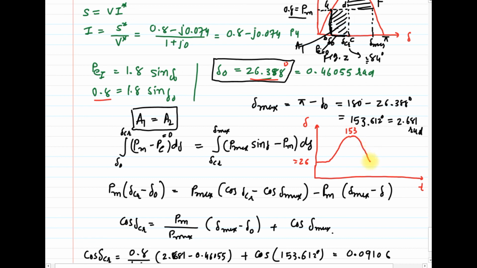It will reach some maximum value again, and then it will settle down at delta CR, which is nearly equal to 84 degree. Clear?